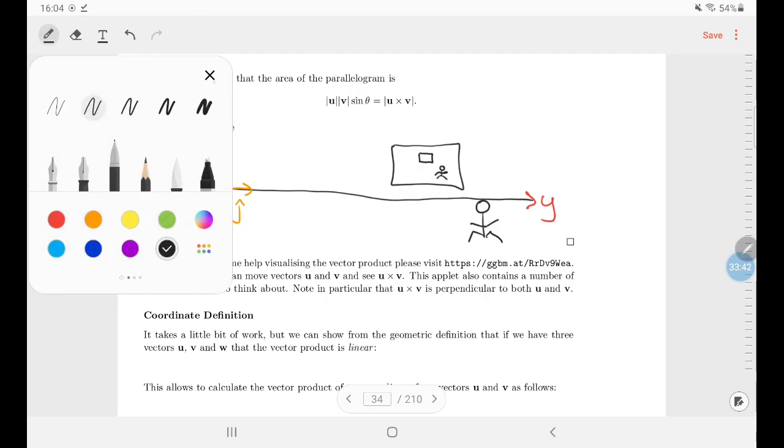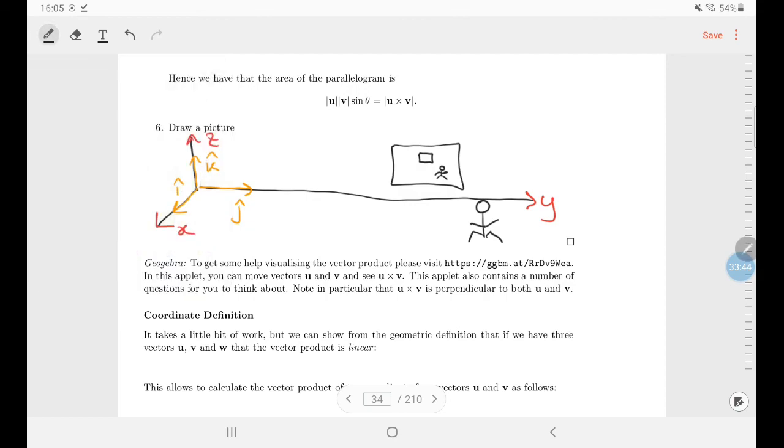And all I really have to show here is, we'll just do it with IJ, that the length of the cross product of I and J is equal to the length of I times the length of J times the sine of the angle in between. And of course, they're at right angles, so it's sine of 90, and sine of 90 is 1.